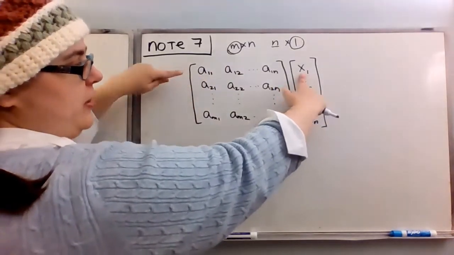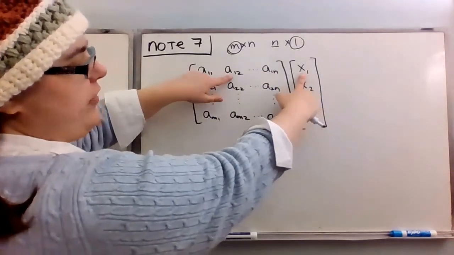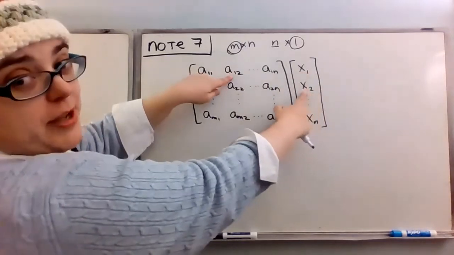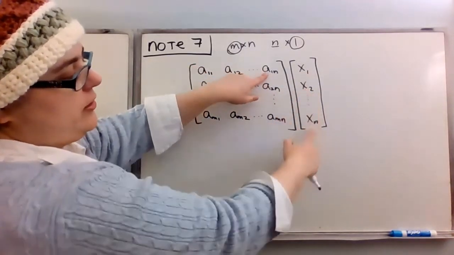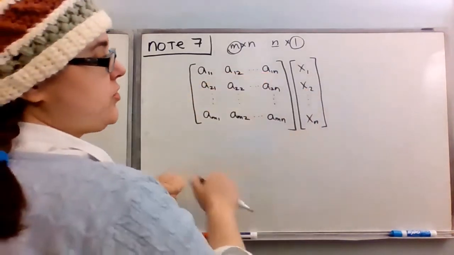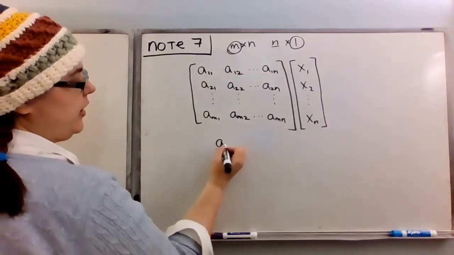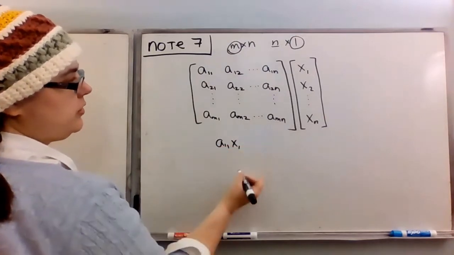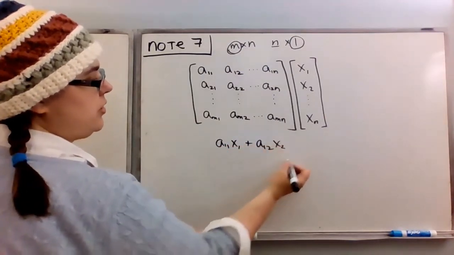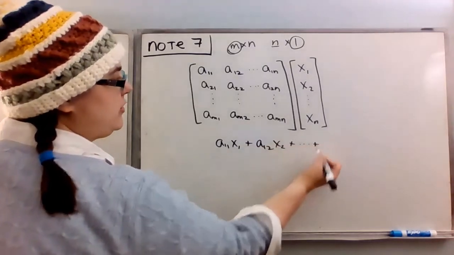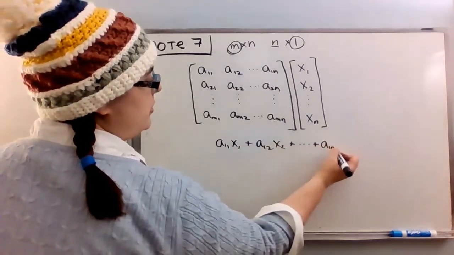And then I'm going to go across the first row. So now I have A12, and I'm going to multiply that by x2, all the way over to A1n times xn. So this is going to give me A11 x1 plus A12 x2 plus and so on, up to A1n xn.